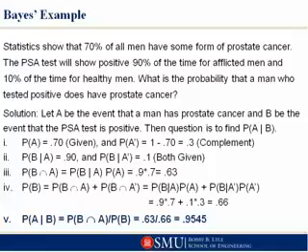By the complement rule, somebody either has the cancer or they don't, so 1 minus 0.7 gives the probability that he doesn't have prostate cancer. The probability of B given A, that the test came back positive given someone has the cancer, is 0.9. We were also given that information.